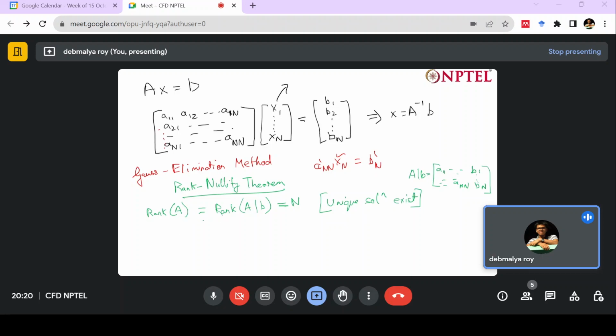If this is not equal to n, but these two are equal, then an infinite number of solutions exist. So a unique solution does not exist; infinite solutions will exist.